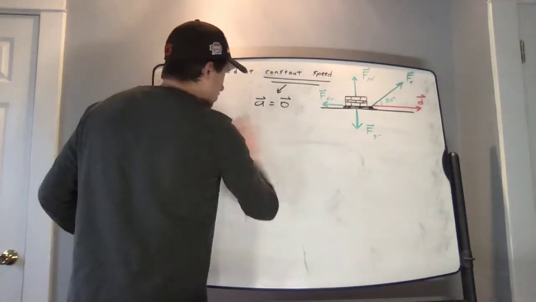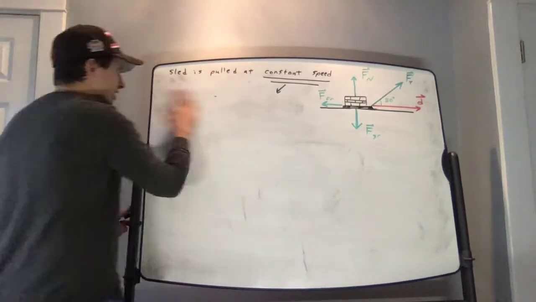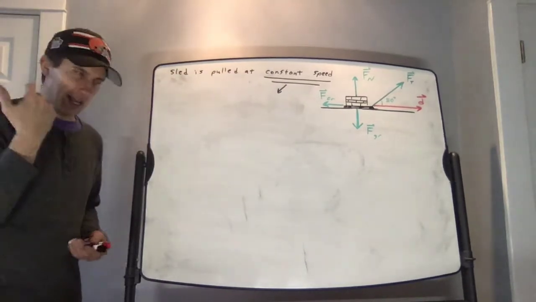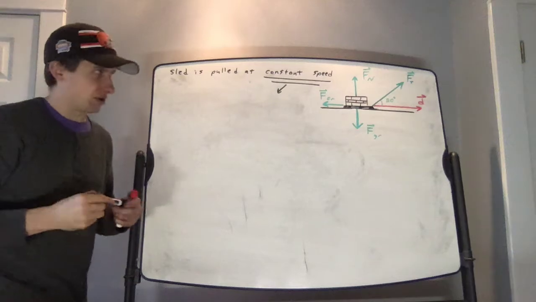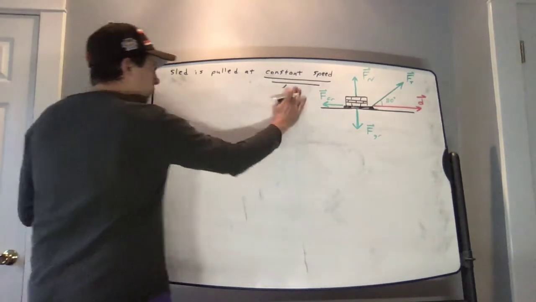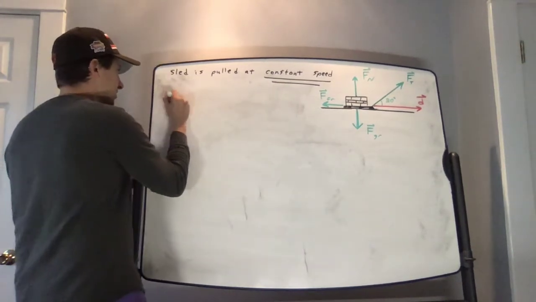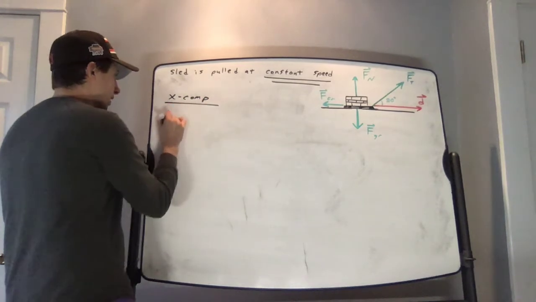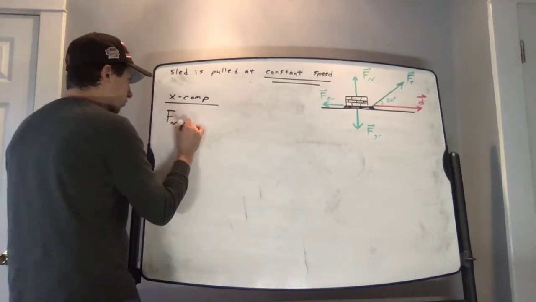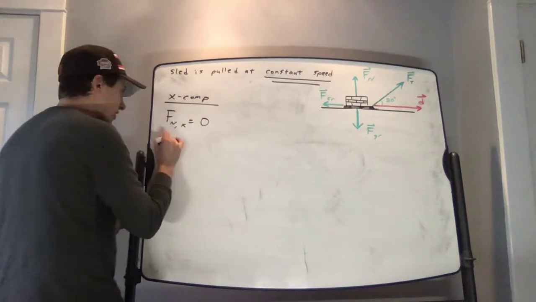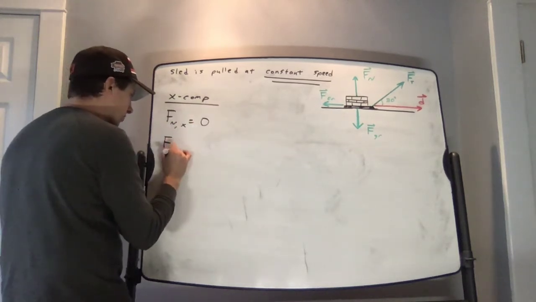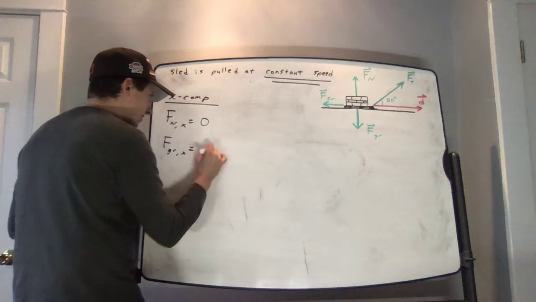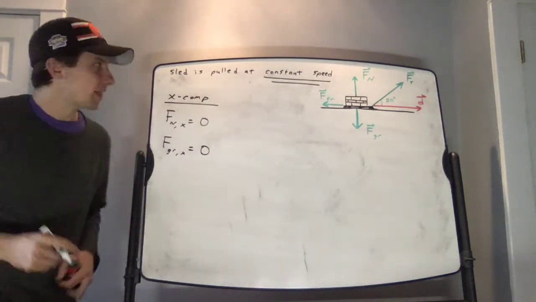So to answer this question, we are going to write down every force and its components as much as possible. So for the x components of the forces, we could say the x component of the normal force is equal to 0. The x component of the gravity force is also going to be equal to 0.